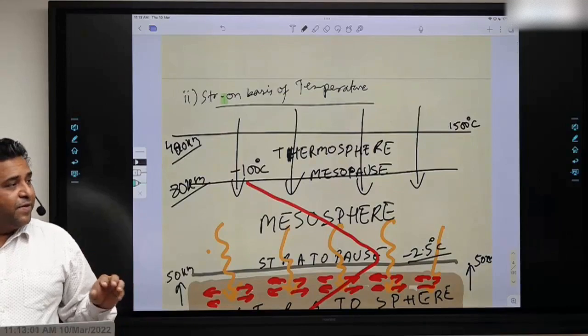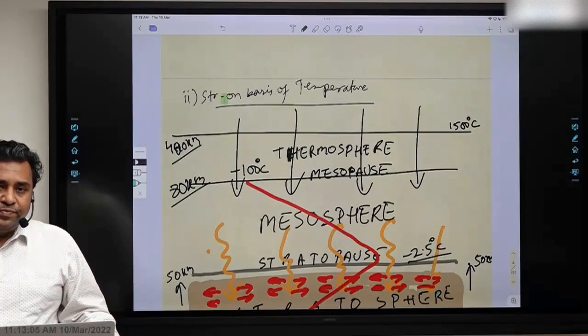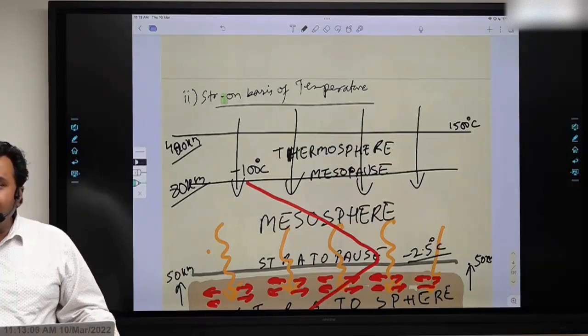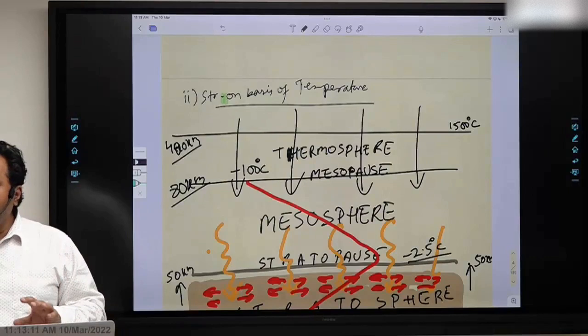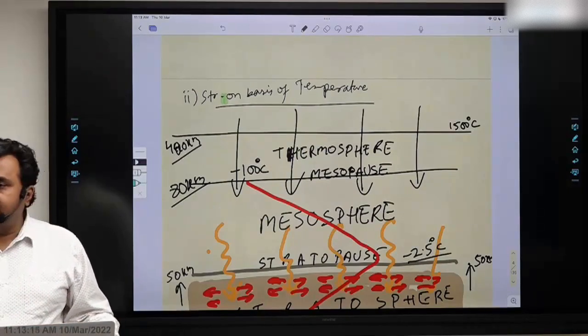Now at that temperature, whatever particle is there will get ionized, because they are so heated up that they become ionized. Hence, in this region all the particles are ionized, and hence the region is called the ionosphere also.